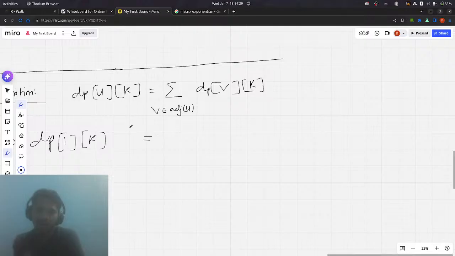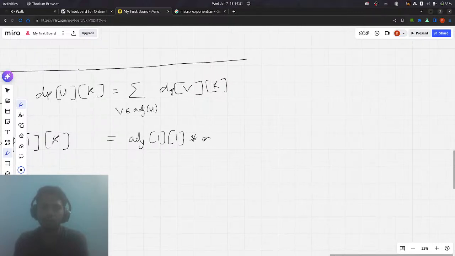Since it is a binary value, it is possible to just multiply it with its respective dp value. For example, if the matrix is adjacency, we are doing just this multiplied by dp 1 k minus 1.